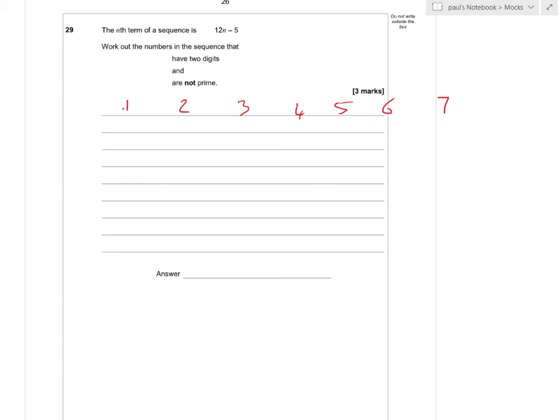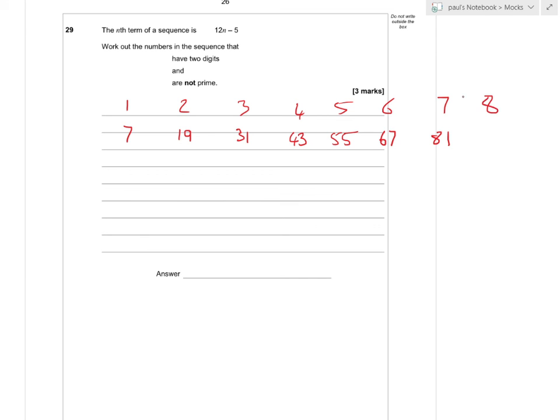So 12 times 1, the sequence number, is 12 minus 5 is 7. 12 times 2 is 24 minus 5 is 19. 36 minus 5 is 31. 48 minus 5 is 43. 60 minus 5 is 55. 72 minus 5 is 67. 84 minus 5 is 81.